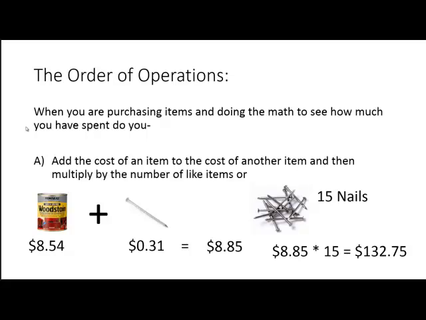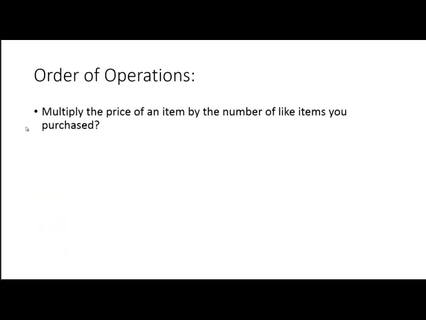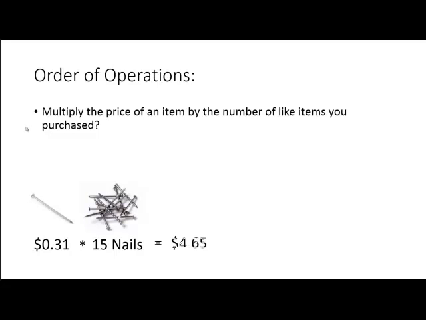Or are we going to multiply the price of an item by the number of like items you purchased and then add? So in this case we would have a nail for 31 cents times 15 nails would give us $4.65, and then we're going to add in that wood stain at $8.85, and we'll find out that we're spending $13.50.